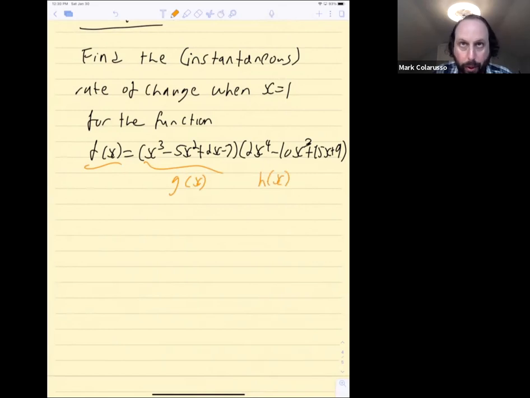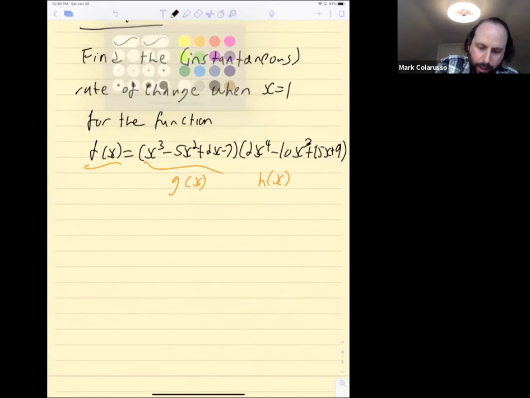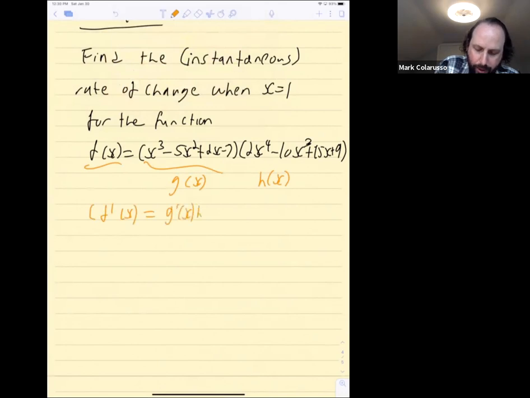In the formula for the rule, it doesn't matter what they're called, right? The rule says that f prime at x is the derivative of the first factor times the second, plus the derivative of the second factor times the first. So it doesn't matter what's called f and g or h in this.